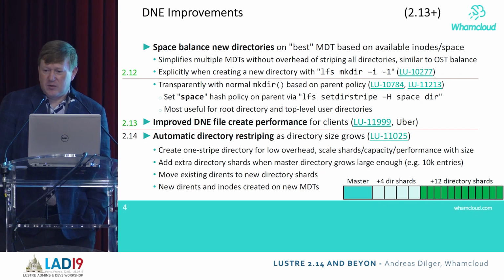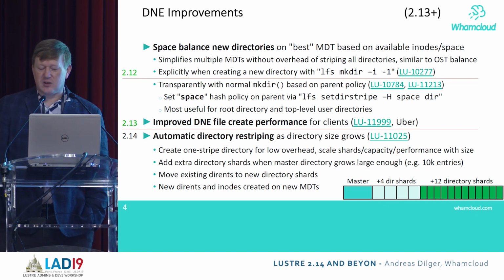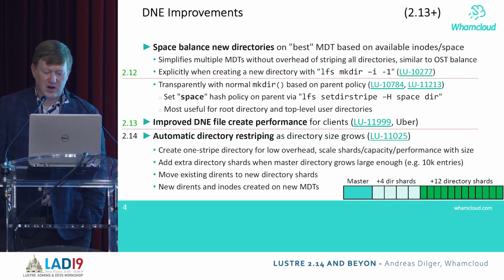In 2.14, we're going to continue this with a new feature. It's essentially automatic directory restriping. I mean, in 2.12, we already added the ability to manually restripe directories. And in 2.14, we're going to extend this so that once the directory gets beyond a certain size, it will start restriping it.